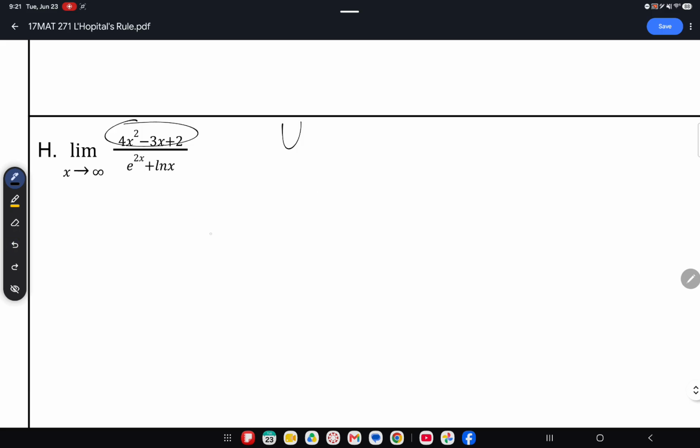E to the 2x, or really any exponential function, is going to be growing pretty fast. And an exponential is going to grow faster than a quadratic. So right now, if we're going off to the infinities, this one's growing, but this bottom one is growing faster, right? So this is going to go towards 0, but let's do L'Hopital's.